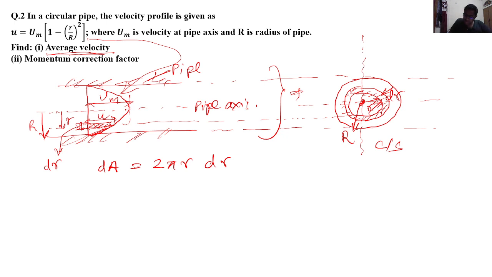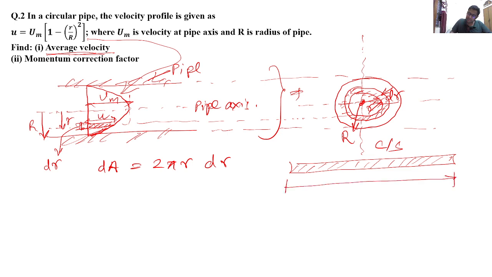If you cut this strip and then make it like this, the total length of the strip would be nothing but the circumference of the circle, that is 2 pi r, and we can just multiply the circumference, that is the length, times the thickness of the strip to find out the total area of the strip. So this is 2 pi r, the length of the strip, times dr, the thickness of the strip. Now this was the elementary area.